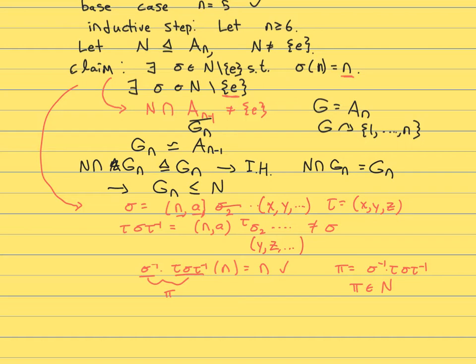With one possible exception. The one exception you have to worry about is if you're dealing with the 3-cycle x, y, z itself. But if the cycle's length is bigger than 3, just don't pick z to be that element.